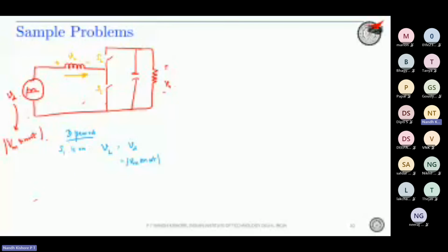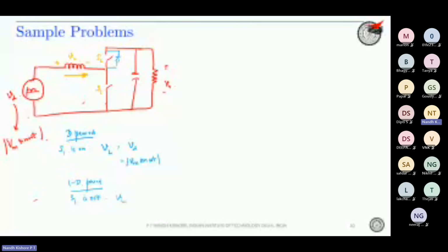And what about the 1 minus D period? S2 is on, or rather S1 is off. So the inductor freewheels. How would it freewheel? It would freewheel through the anti-parallel diode of S2.